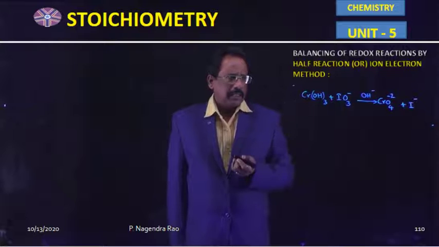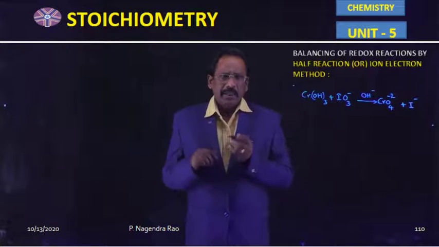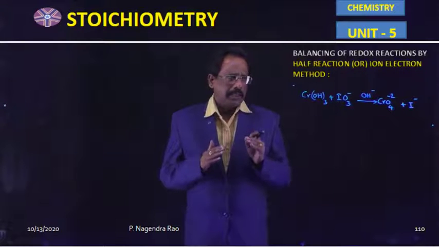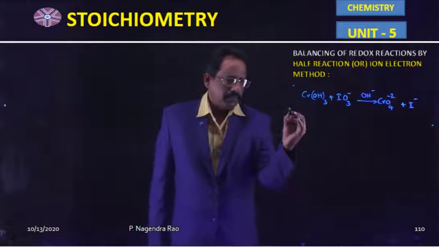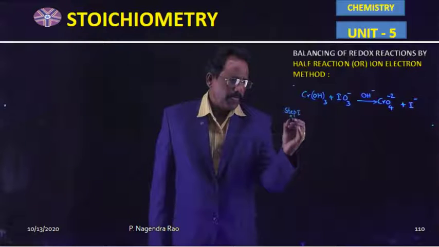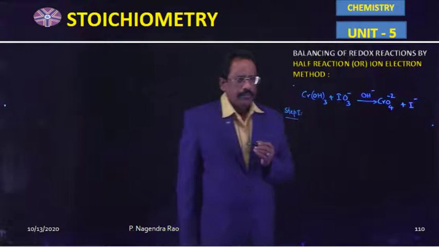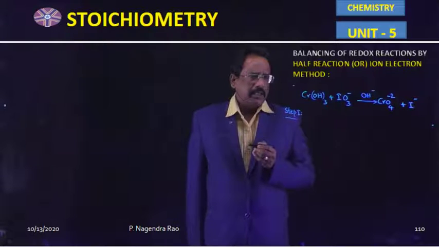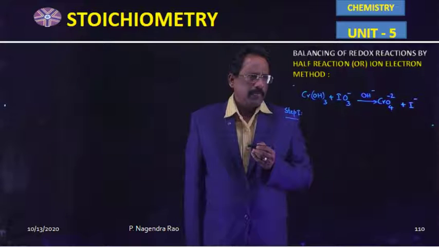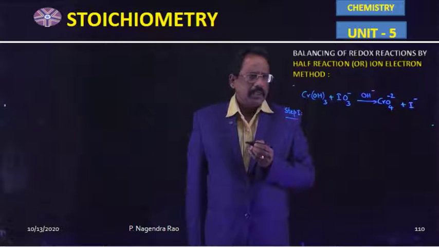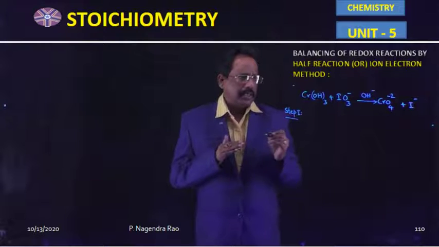If you want to balance this equation by using half reaction method or ion electron method, first step number 1 is write the oxidation state of each element below its symbol. In any compound, the OH radical charge is -1.